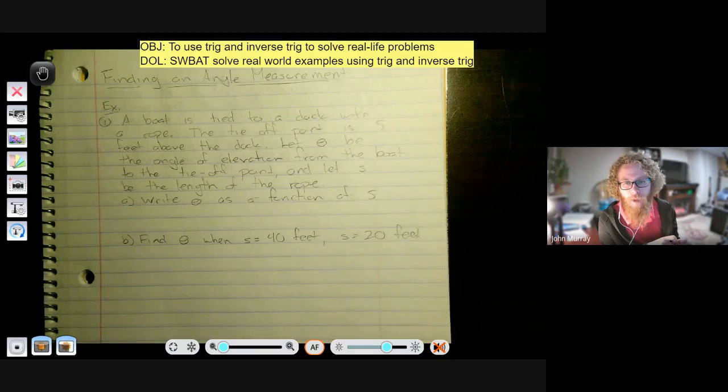Write theta as a function of S. That's something we haven't really seen before, but I threw it into the homework problem there, so maybe you'll catch that. And then they ask us to find theta in two different cases.